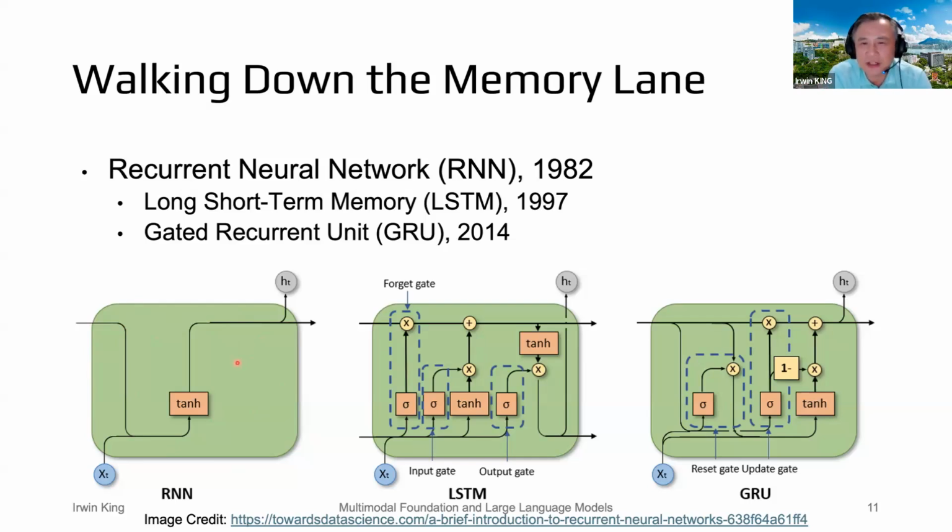It took another 15 years before Jürgen Schmidhuber developed the long short-term memory, LSTM, in 1997. And then another 15 years later, the gated recurrent network was also introduced to simplify the LSTM.